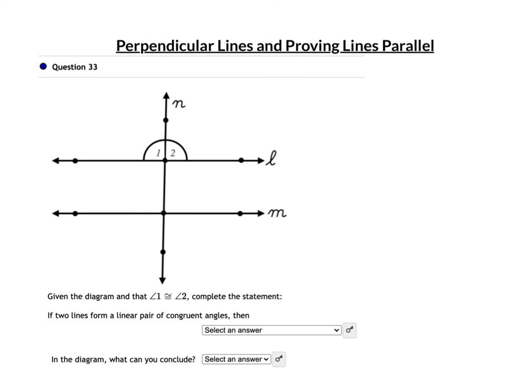Given the diagram and that angle 1 is congruent to angle 2, complete the statement. So I've got two angles that make a linear pair. Together they make a straight line, and they're congruent. If two lines form a linear pair of congruent angles, then the lines are perpendicular.